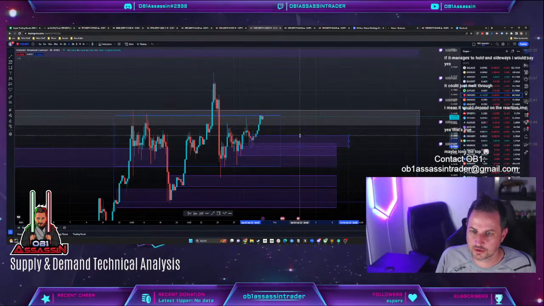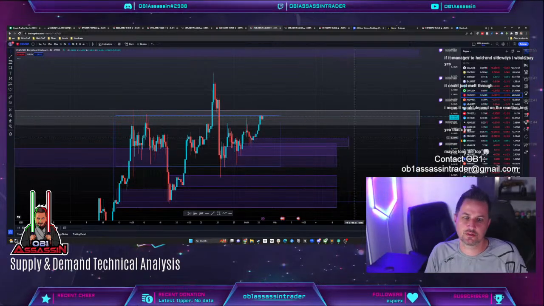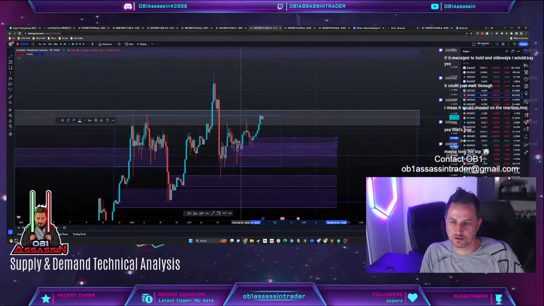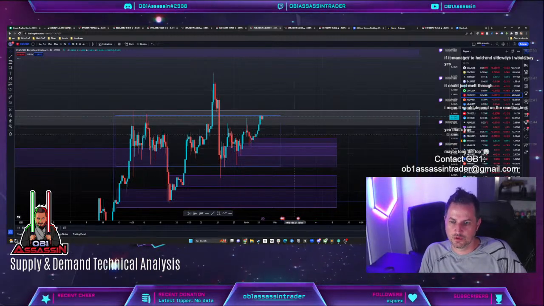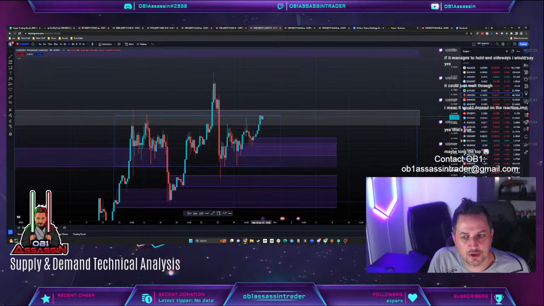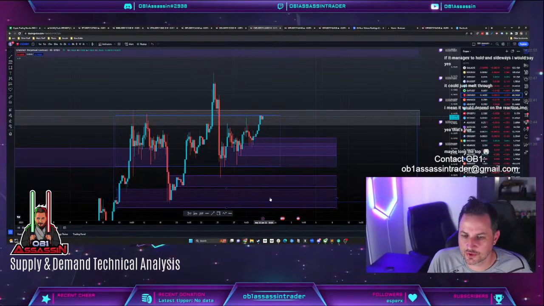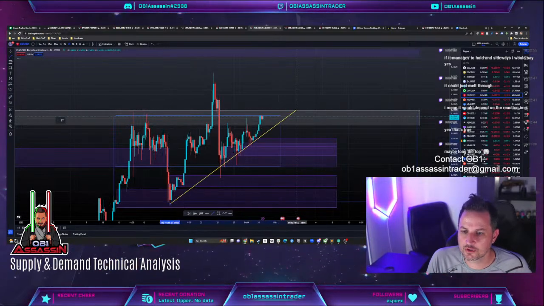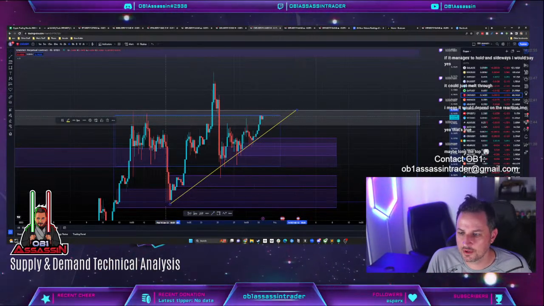This order block here, it's not fresh, it's been tapped into. We have all these clustered order blocks here. None of them are fresh. So price could come down and tap into this one or this one and go up. But we've also got a trend line right here.